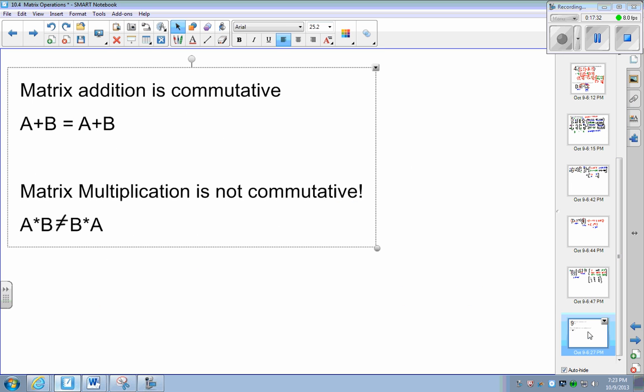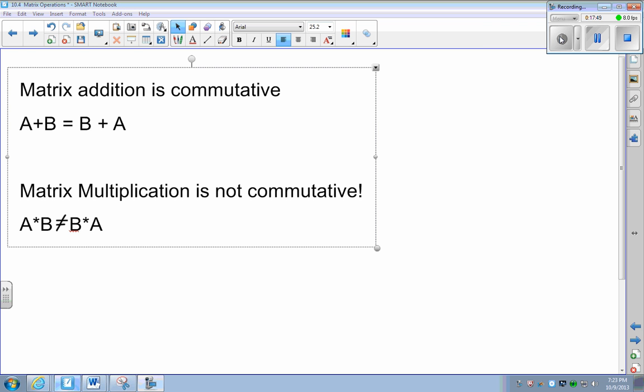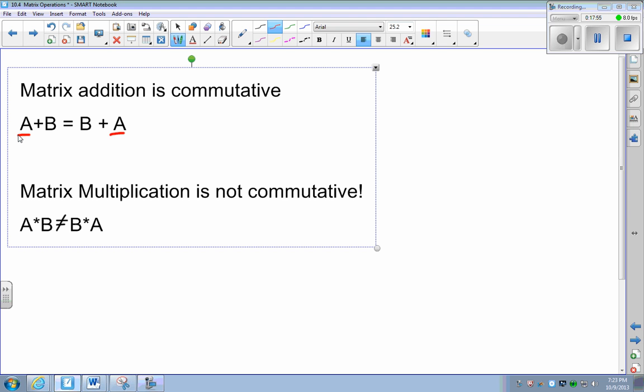And commutative basically states that the order in which you add or multiply, or whatever your operation is, doesn't matter. So with addition, it won't matter because we can switch each matrix anyway, so we can move our A from the left to the right.